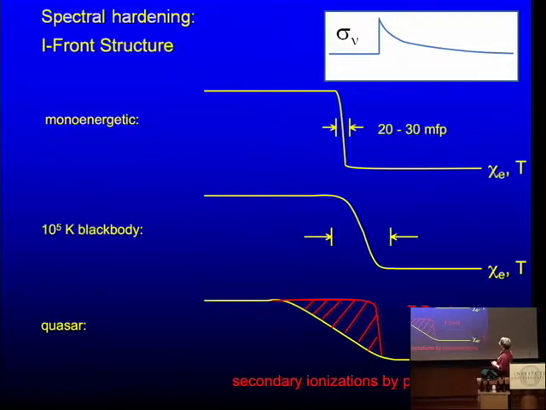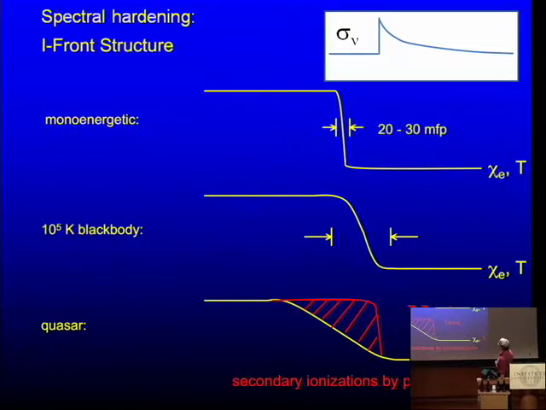So here is the structure of the I front for the monoenergetic case. You get a very thin I front. Whereas if you take a hard spectrum, like from a population 3 star that has a 10 to the 5 degree black body spectrum, and you consider the photoionization cross-section, then the cross-section drops off as you go to higher and higher photon energies.